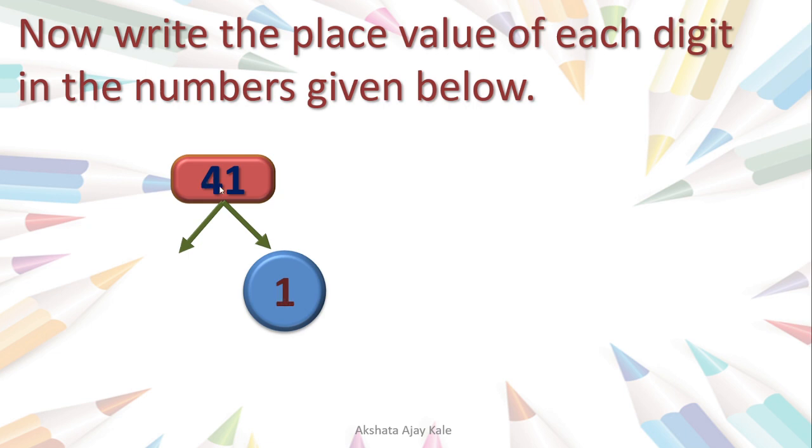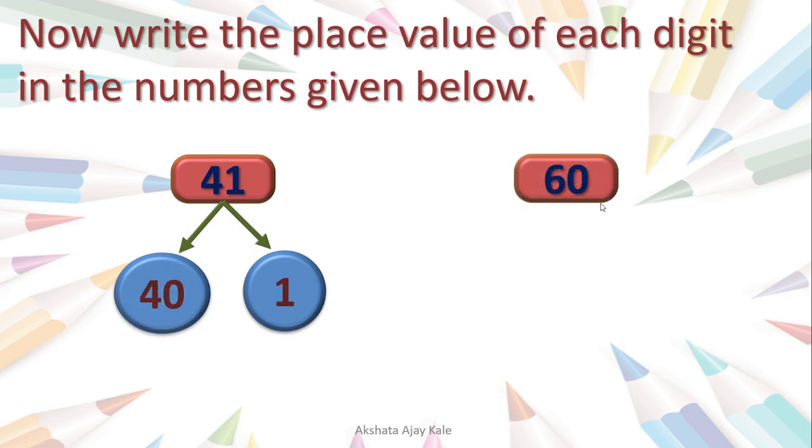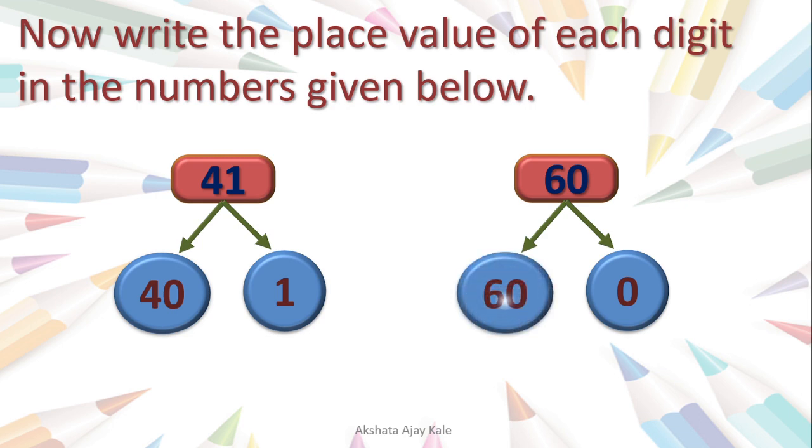So the value of 4 is 40. 60. Given number, right? The value of 0 and the value of 6. 0 is in unit place. So the value is 0. And 6 is in tens place. So the value is 60. Right?